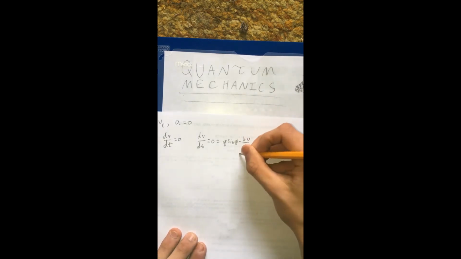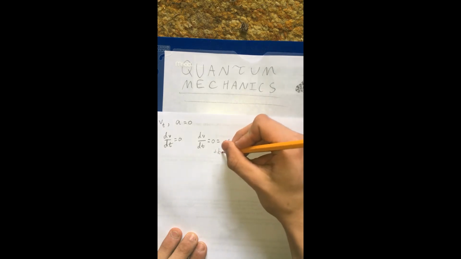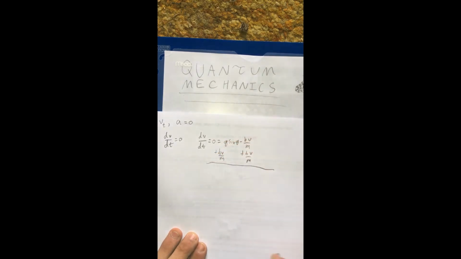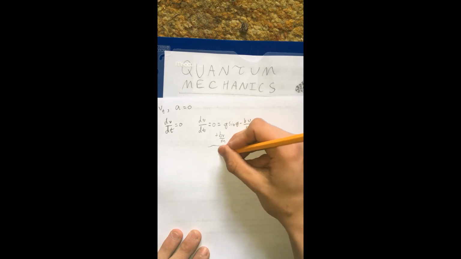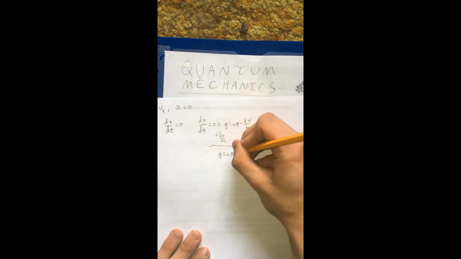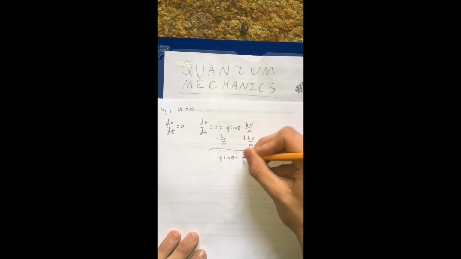So now what we can do is move the bv over m to the other side, and that'll give us g sine theta is equal to bv over m.